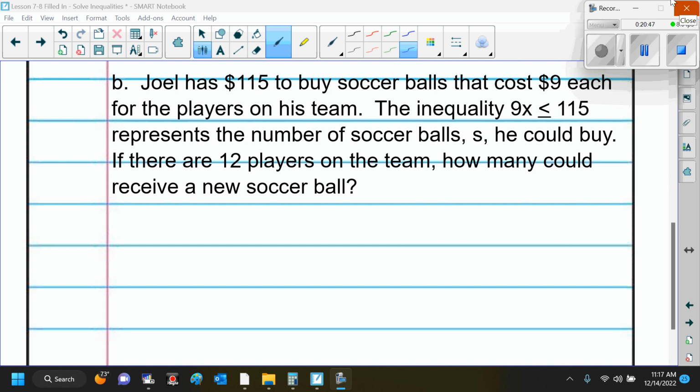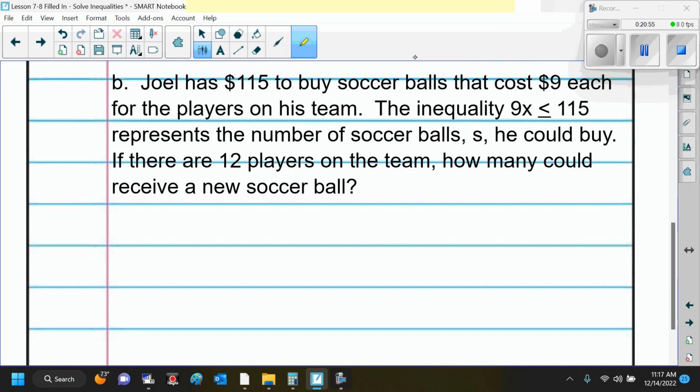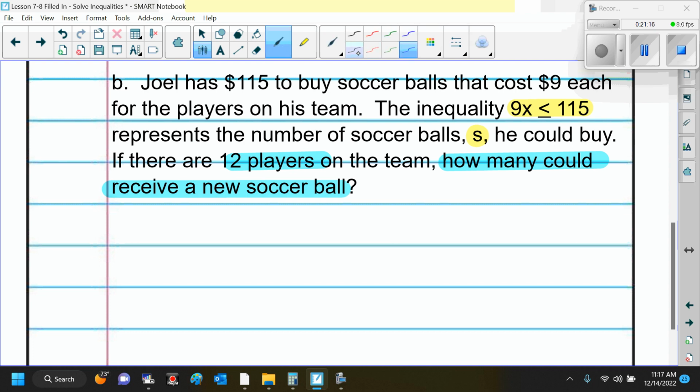Joel has $115 to buy soccer balls that cost $9 each for the players on his team. The inequality 9x is less than or equal to 115 represents the number of soccer balls x that he could buy. If there are 12 players on the team, how many could receive a new soccer ball? Okay, so they're giving us the inequality. That's 9x is less than or equal to 115.